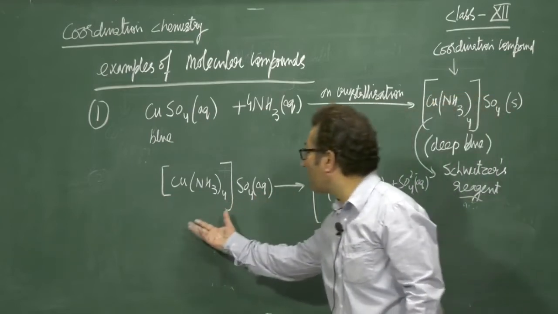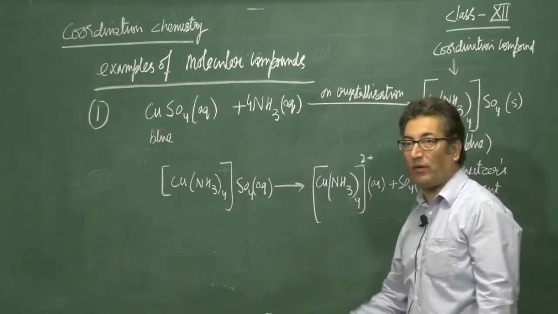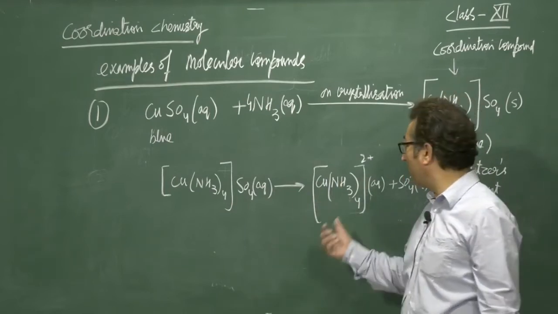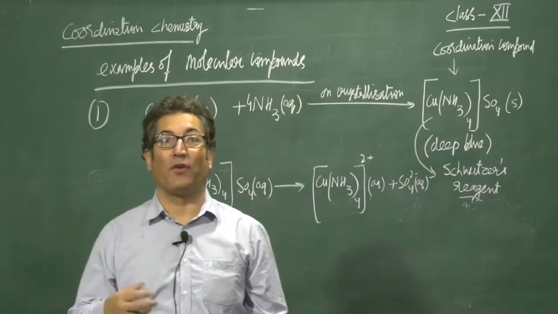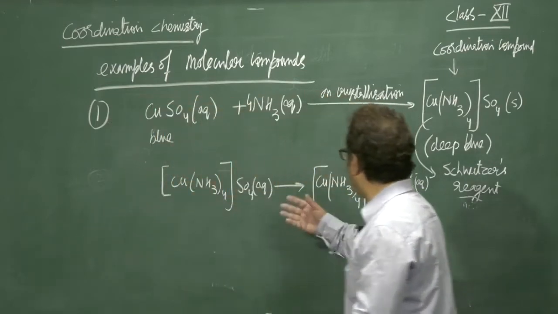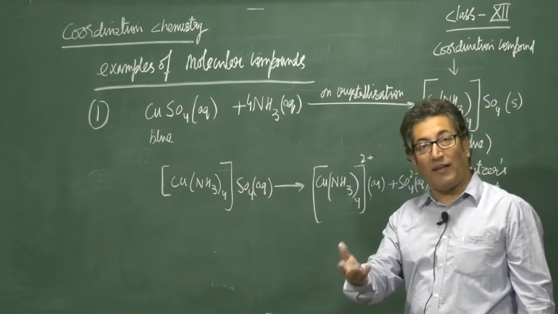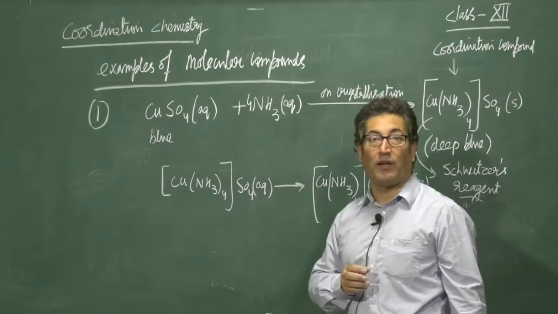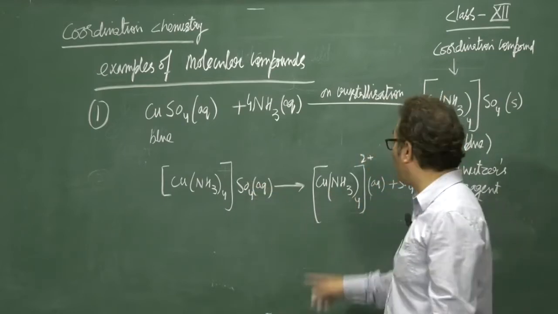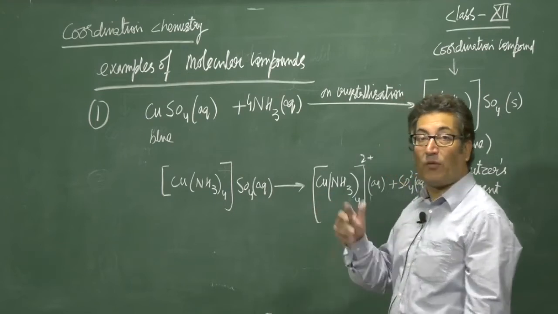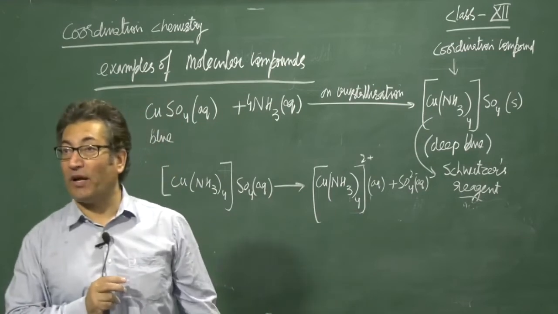Suppose you have the solution of this and I ask you to test for the copper ions. On testing for copper ions in this solution, you will find that the test will be negative. It appears that copper is not present there. If you test this aqueous solution for the presence of ammonia, you will again get a negative test as if there is no ammonia. But we find from the formula that the compound contains, even in aqueous solution, copper as well as ammonia. Then why do we get a negative test for individual copper and ammonia ions?